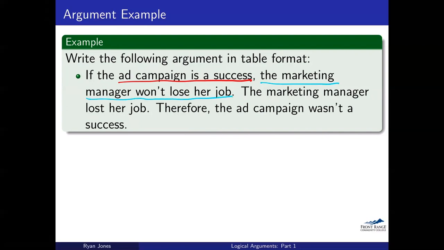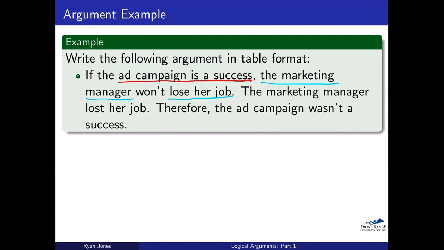Okay? And actually let me be careful here. Let me not underline the won't. So I'm going to let A and B be the red and the blue, right? So be careful on B, how I'm choosing to define it. I'm going to define it as the marketing manager lost her job.